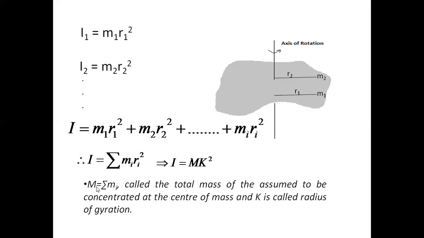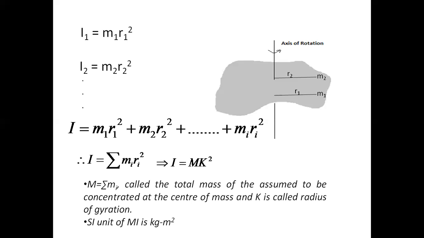In this equation, M is equal to Σ mi, the total mass of the body, which is assumed to be concentrated at a point called the center of mass, and k is called the radius of gyration. So this is the general expression for moment of inertia, that is I = Mk².